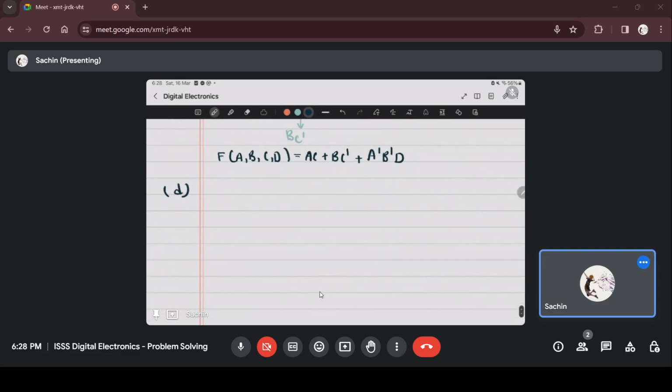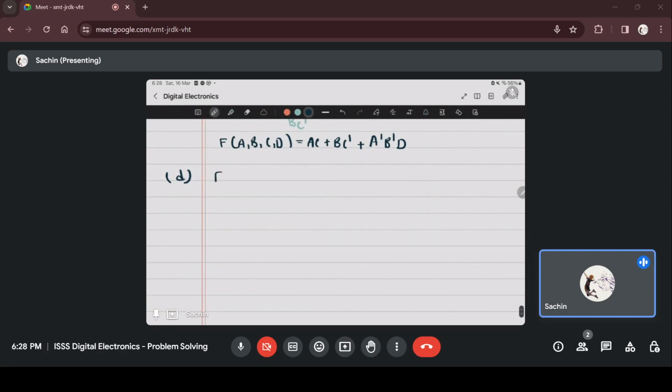Part D, f of WXYZ is summation 0, 1, 4, 5, 6, 7, 9, 11, 14, and 15.